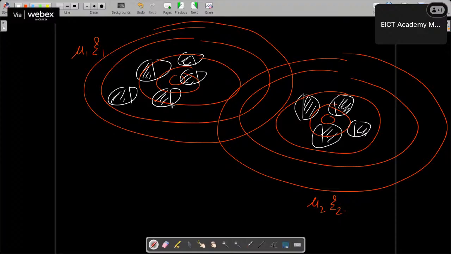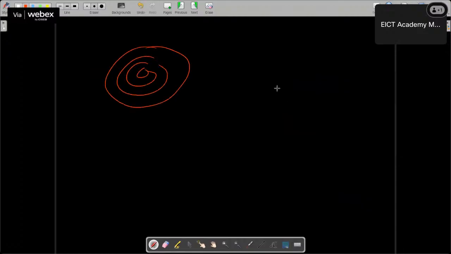Then the likelihood of the data point is 100% to be in this mu1 sigma1, and the likelihood of the right sided data points is 100% for this mu2 sigma2. They belong to this mu2 sigma2. Okay, so now if the left side and right side data points are separated out, then the left side distribution will look like this, and the right side will look like this. Okay, and this is my data point.